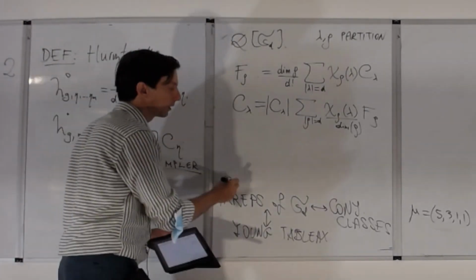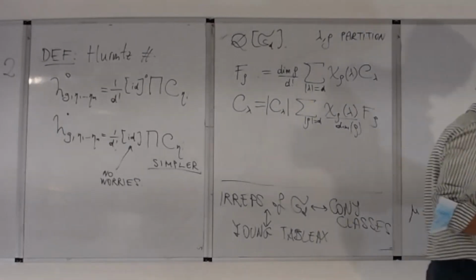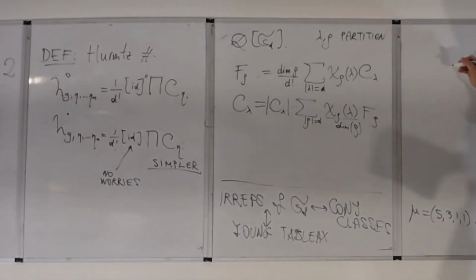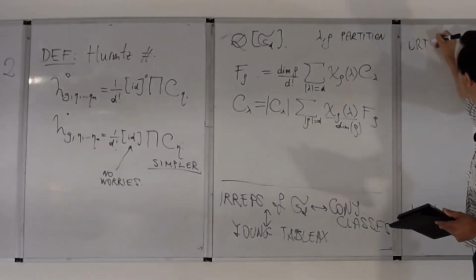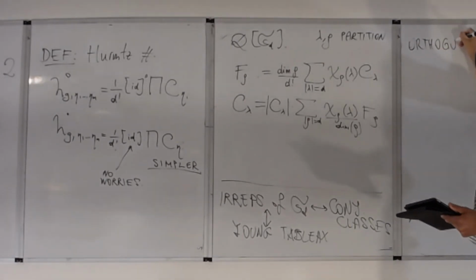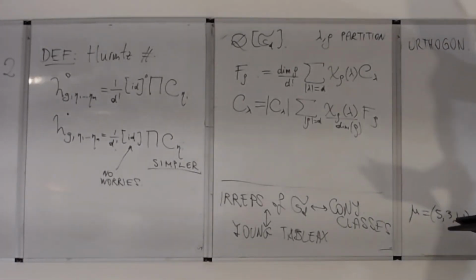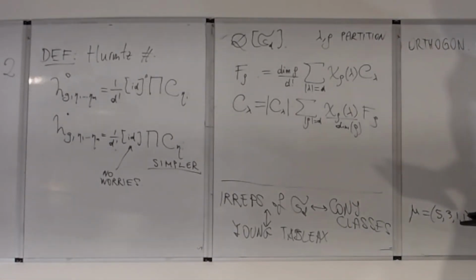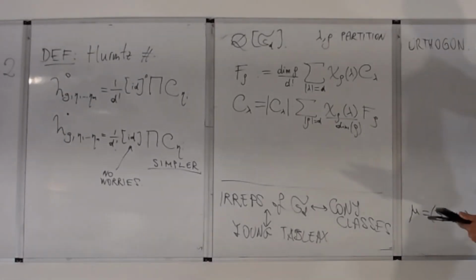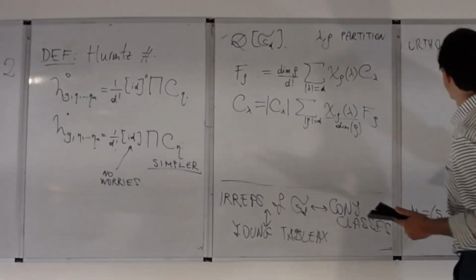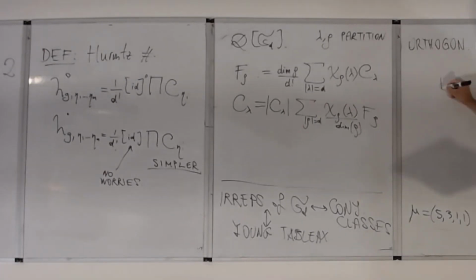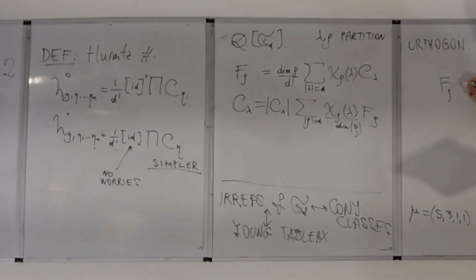But now there is a little magic. This magic is that the orthogonality of characters implies, and is basically equivalent to, the fact that the F are idempotents.